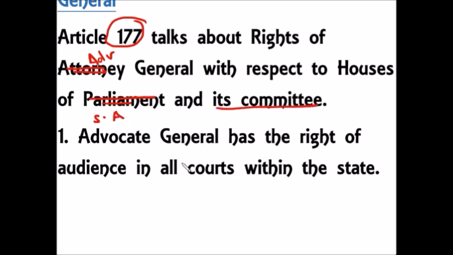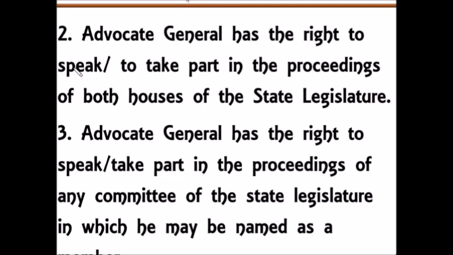The Advocate General has the right to appear in all the courts within the state, whether lower court, district court, or High Court. He has the right of audience in all the courts within the state. He also has the right to speak or take part in the proceedings of both the houses of the state legislature.